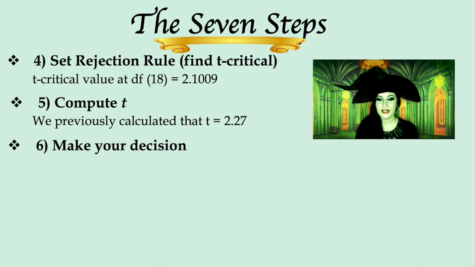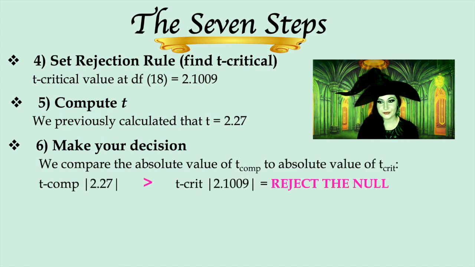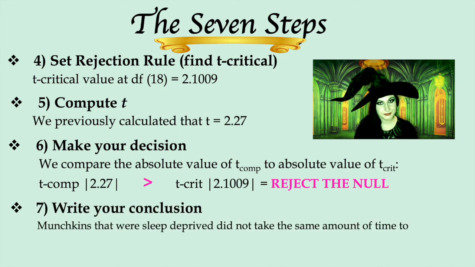So by looking here, is 2.27 greater than, equal to, or less than our t critical value? Well, it looks like the absolute value of our t computed value is in fact greater than the absolute value of our t critical value, so our decision will be to reject the null.